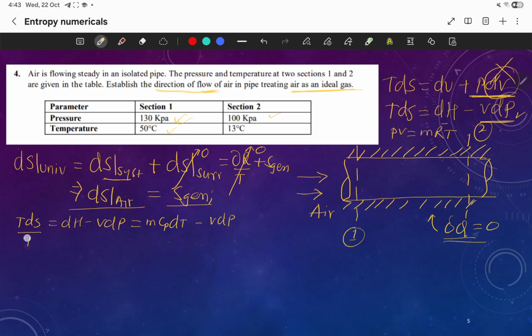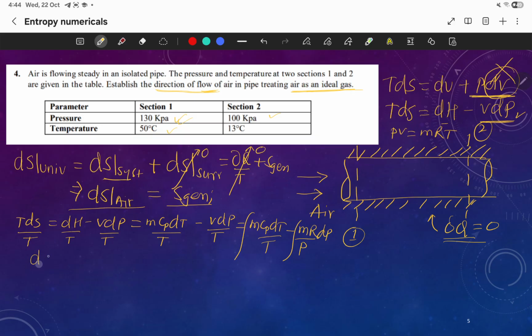Now what you do, divide it by T, so we will get like this. So V by T will be what? mR by P. So this will be m Cp dT by T minus mR by P into dP. Now just integrate this.